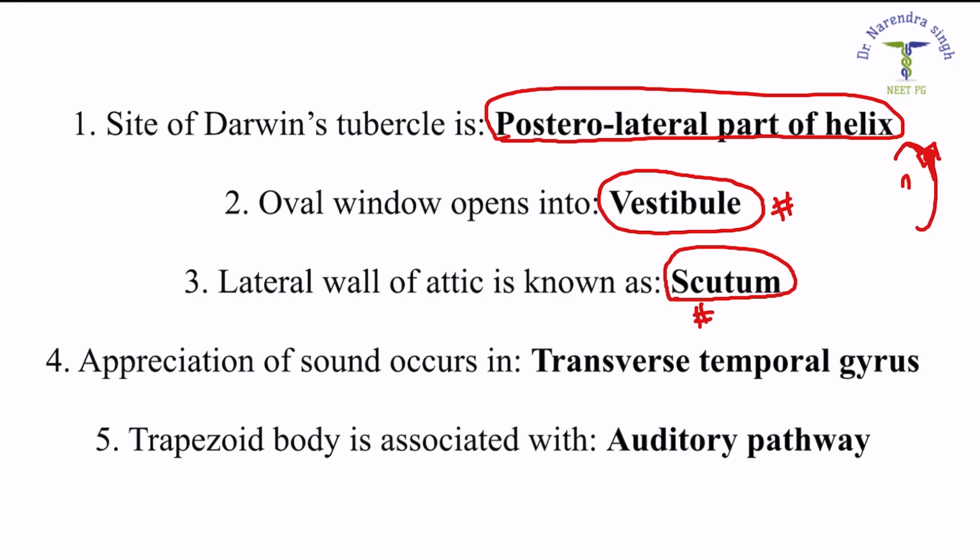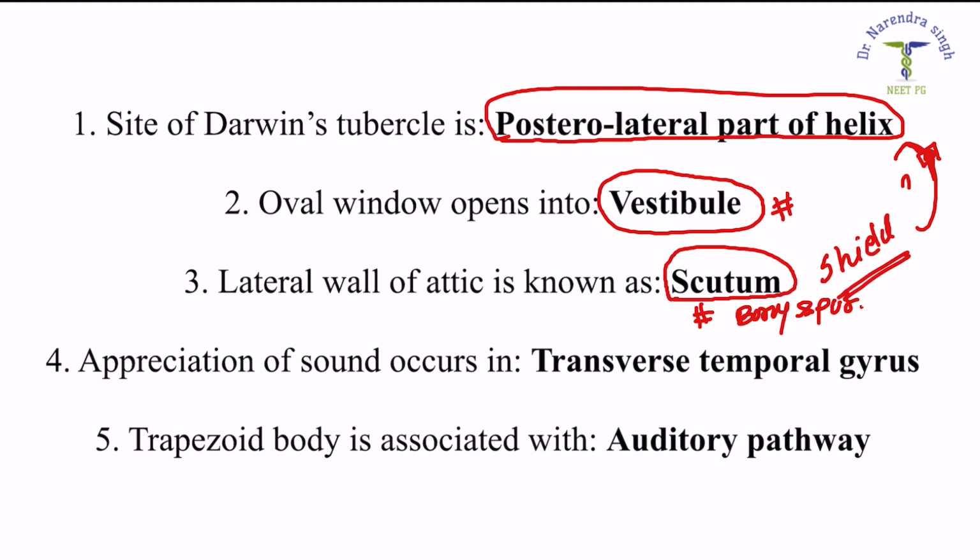Scutum is a Latin word which is defined for shield. Scutum is a sharp, bony spur which is formed by the superior wall of external auditory canal and the lateral wall of tympanic cavity.